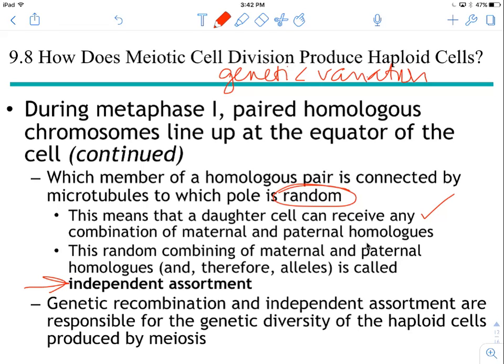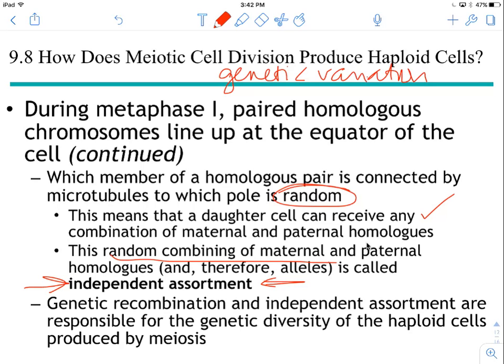This means that the daughter cell can receive any combination of maternal and paternal homologs. Again, this random combination is called independent assortment. So on the metaphase plate, the homologous pairs assort independently of each other.